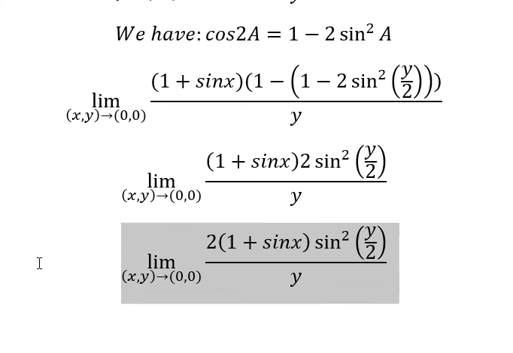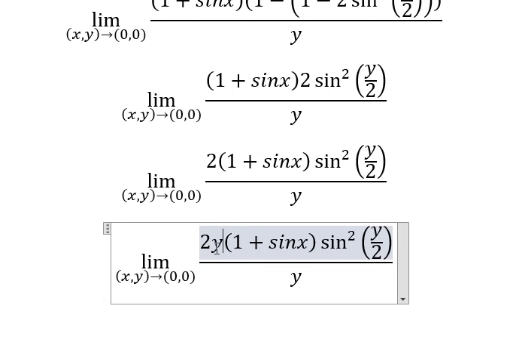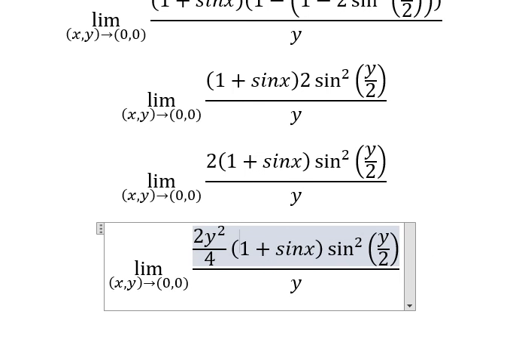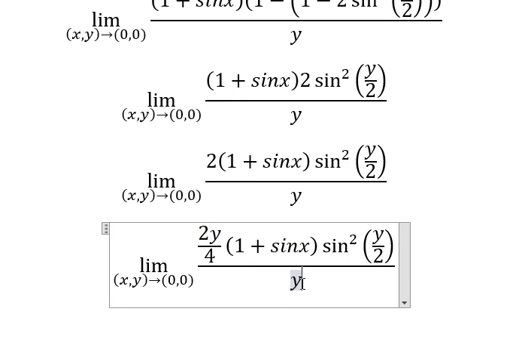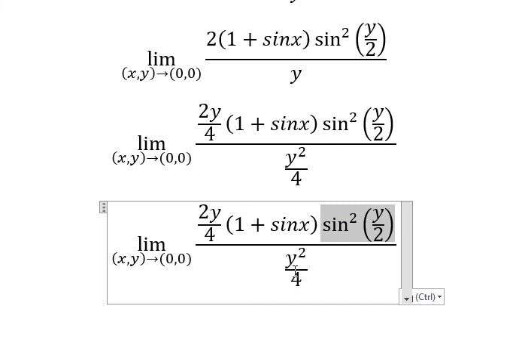Next, I will put y squared over 4 on the numerator and denominator. Sorry, y over 4. You will have it like this. Next, this one combined with this one, we have it like this.